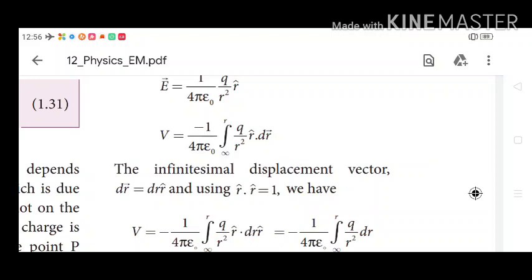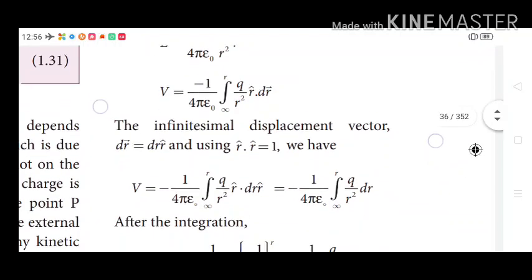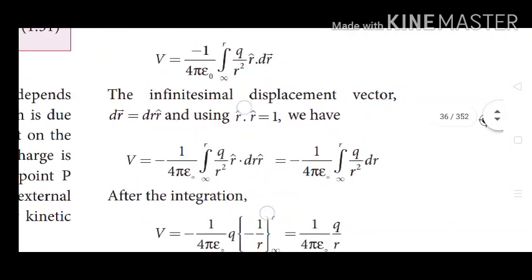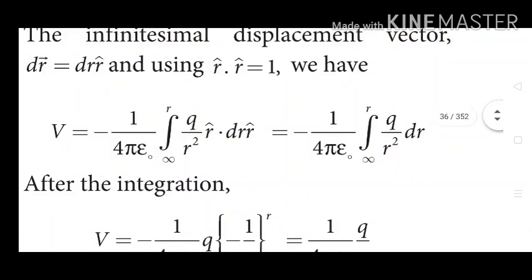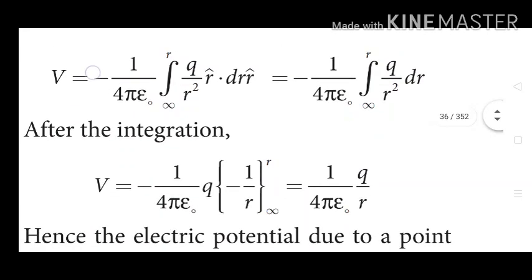So simply we will write V is equal to minus of 1 by 4 pi epsilon naught, integration from infinity to R of Q by R square dr. After the integration, children, it is a mathematical expression: the integral of 1 by x square dx is simply minus of 1 by x.